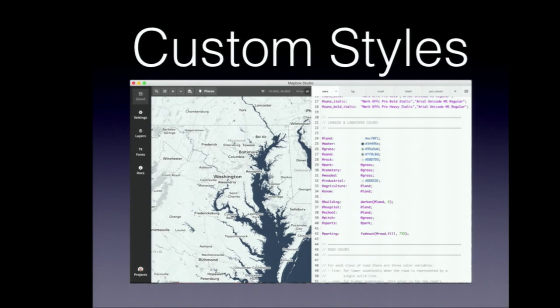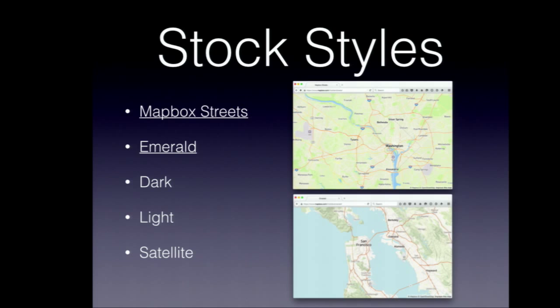So that said, if you're not into custom styles or you don't have a need for one, we also do have regular stock styles that we make available for kind of common purposes. We've got our Mapbox Streets, which was kind of a similar one for, like, what a city would look like or finding your way around. Emerald is kind of our base outdoorsy map.